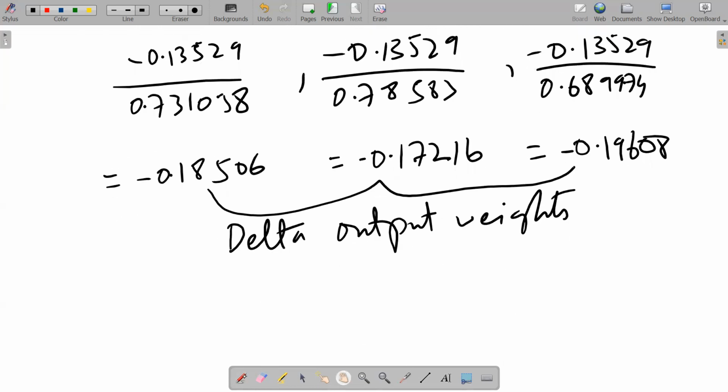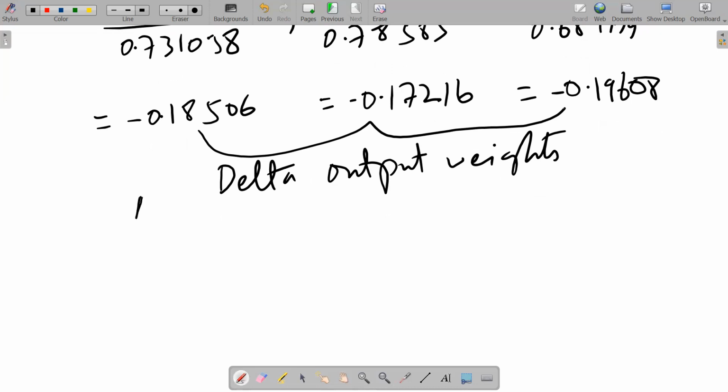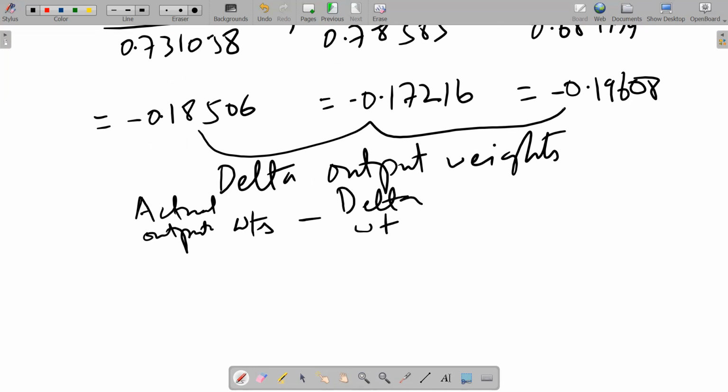What do you mean by delta in mathematics? That means we need to deduct them from the original weight. So actual output weight minus delta weight will give you new output.